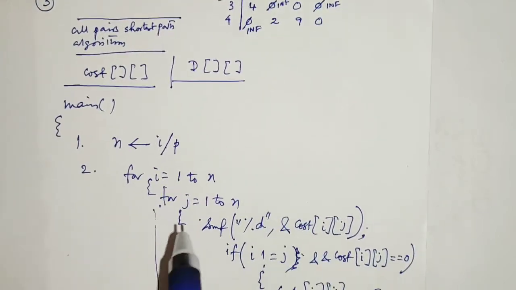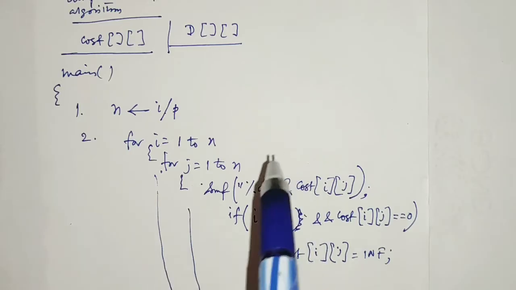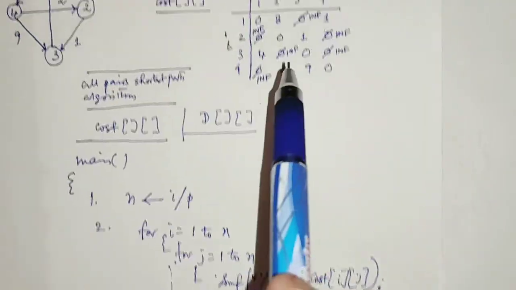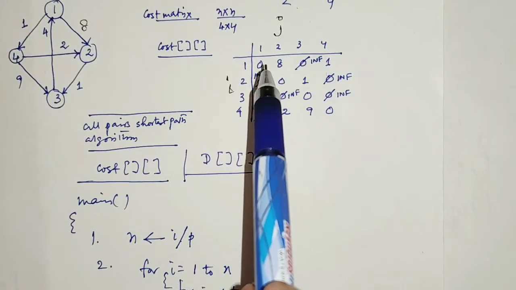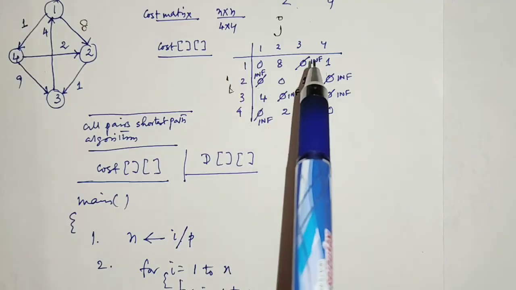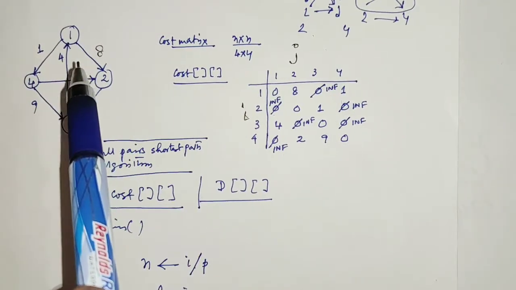If you have the number of vertices, you can form the cost matrix. The cost matrix basically represents the graph. My advice is to put 0 whenever there is no adjacency. That means there is no edge between i and j, along with the principal diagonal, because there will be no self loop in the graph.